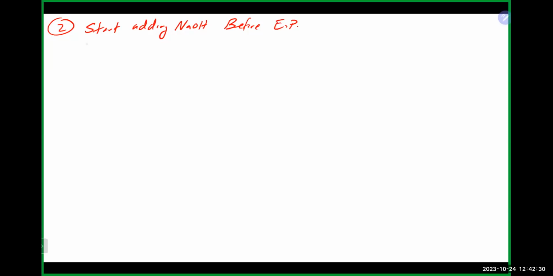So we will need to do an ICE table at this point. We have a reaction between our hydrochloric acid and the sodium hydroxide we're adding, and we're going to get, again, a little bit of water and a little sodium chloride in this case.